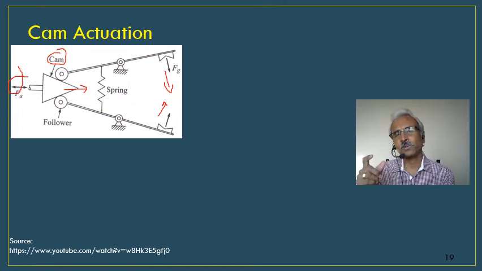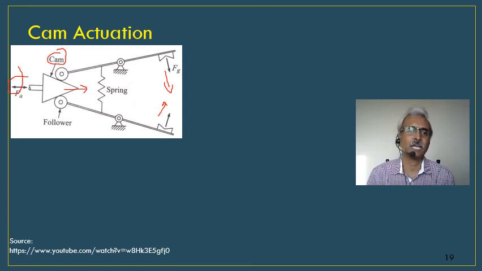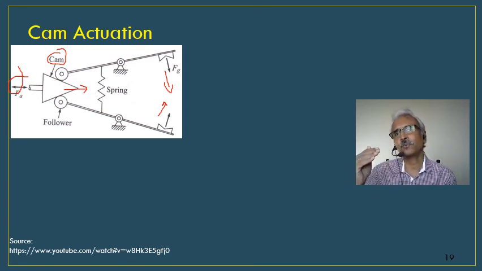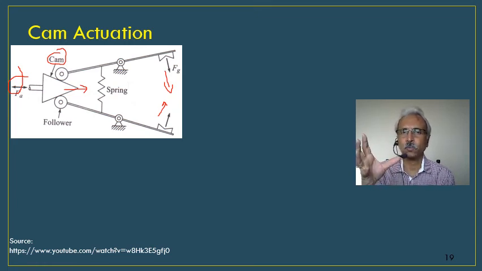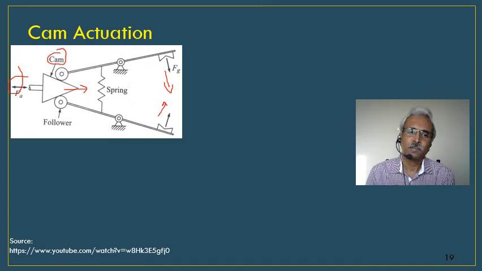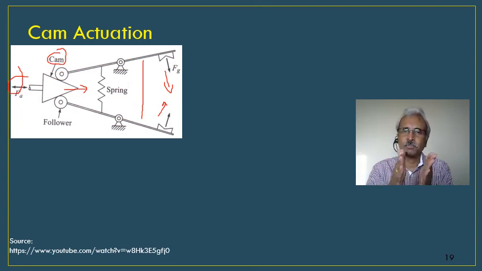In case of a normally open gripper, what happens: you grasp it, and by some error or mistake, the actuating force goes down, right? So there is a possibility that it might open and the part may fall down. The other way of doing it is, you can put the spring in this direction where it is normally closed, and when you insert the cam, it opens, and then you grasp the object.